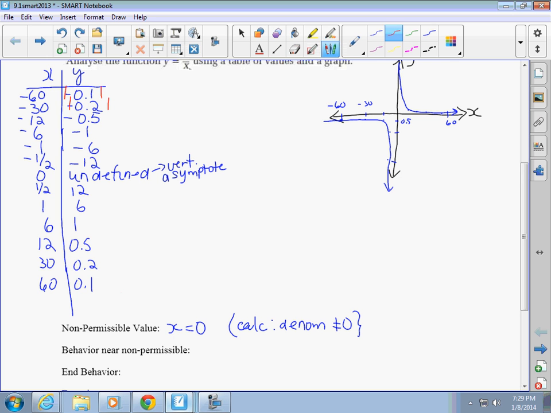I'm going decimal 1, decimal 2, decimal 5, 1, 6, 12, and then as these numbers here got closer to 0, 1/4, 1/8, and so on, these values on this side would be getting larger and larger and larger. So my description for my behavior near the non-permissible value: as x approaches 0 or gets closer to 0, the absolute value of y becomes very large.